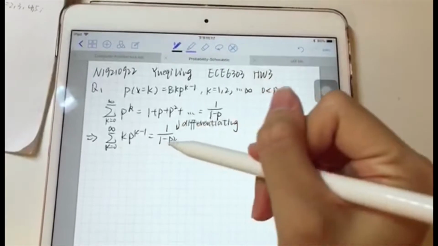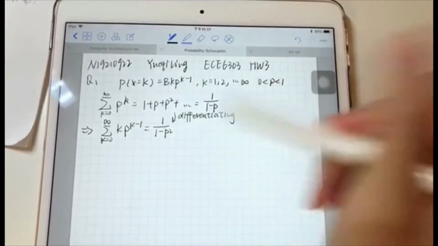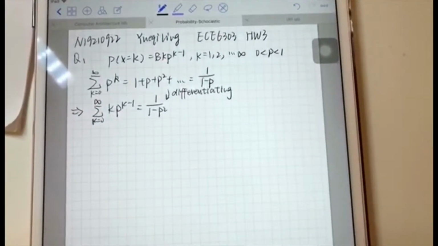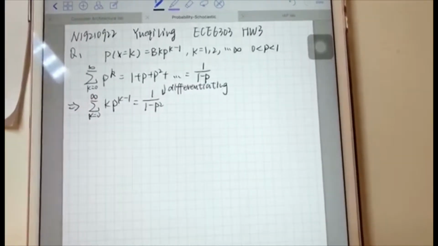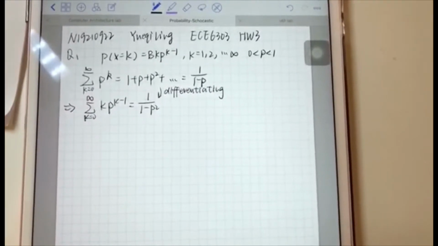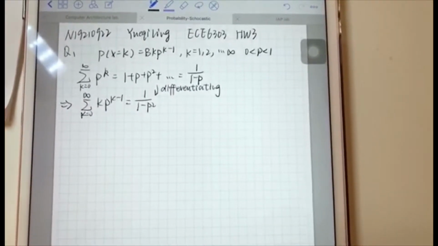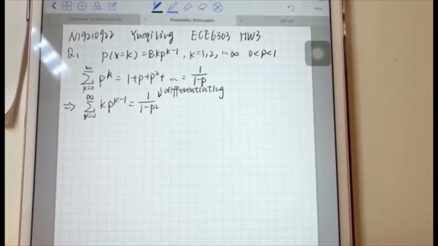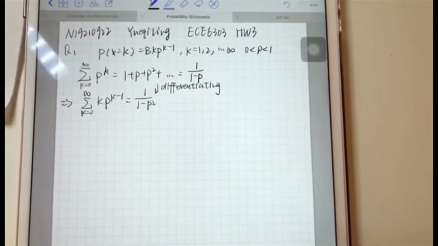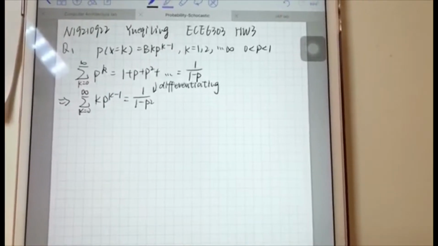After we get this equation, we can look back on question A, which asks us to find b so that P(X = k) represents a probability mass function.